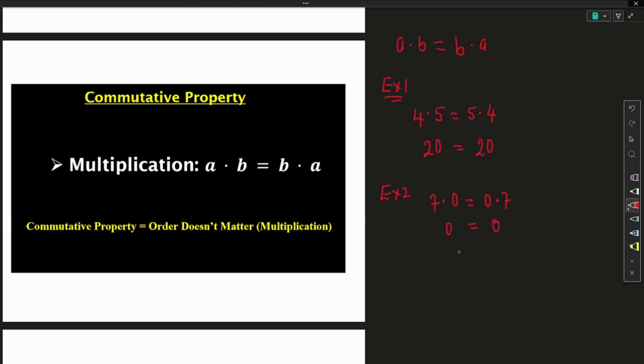So both multiplications also give us 0. You can see that even when one of the numbers is 0, the commutative property holds true. Multiplying 0 by any number always gives 0, no matter the order.